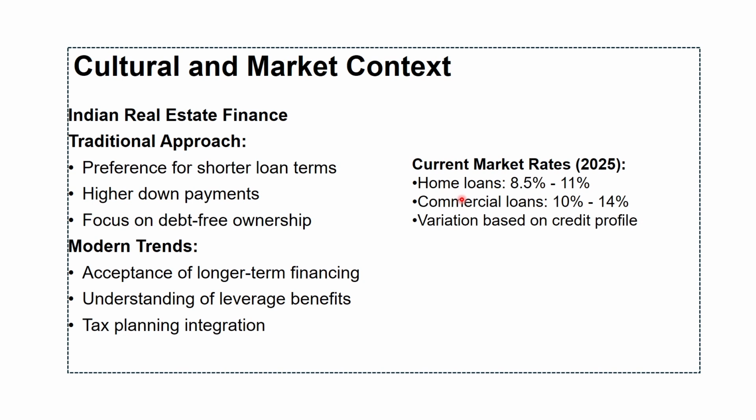For commercial loans, the rent, how much rent, and how stable the business is will impact this. Also, there is a lot of documentation required in commercial loans. So, that will also have to be seen. So, this is basically leading to the variation which we can see.